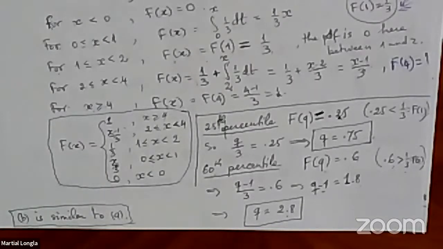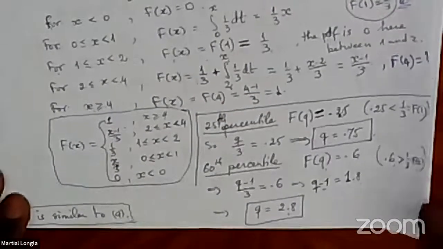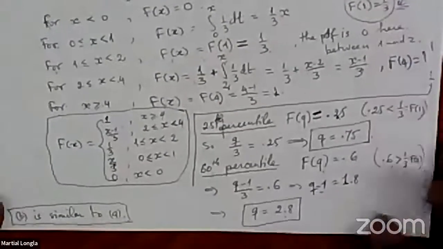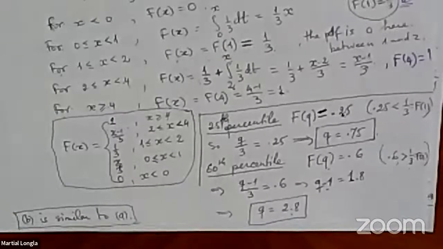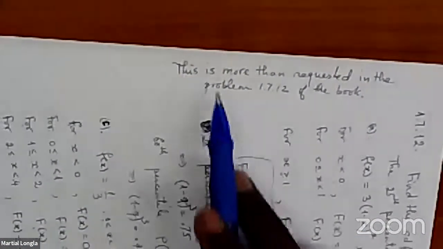I do more than just give you the answers to the homework. Other questions? What I'm saying is what is written here. This is more than requested in the problem.